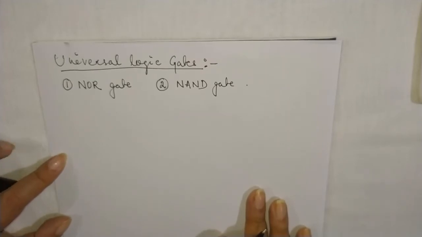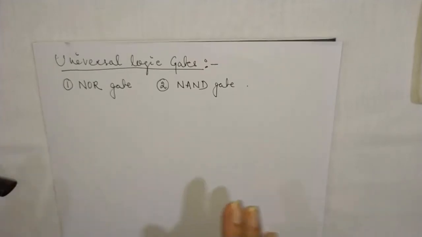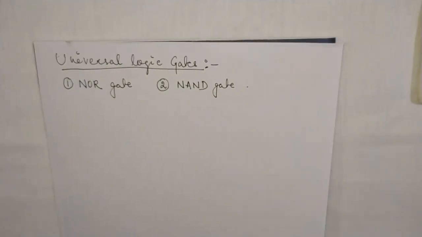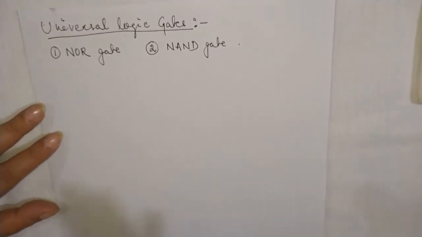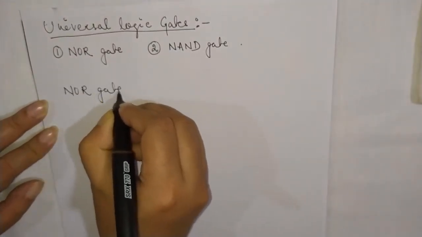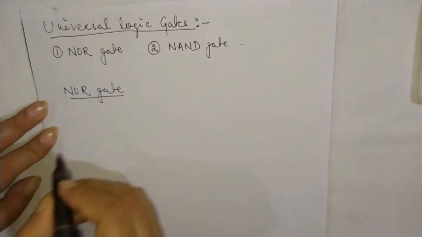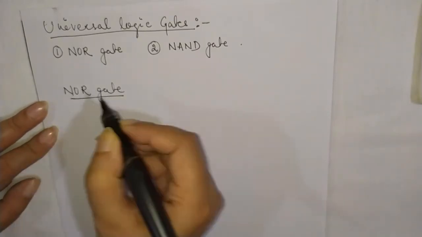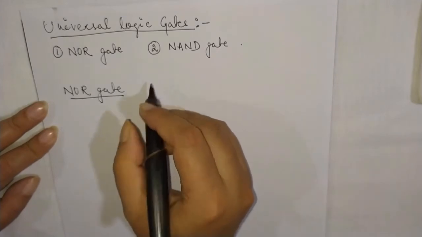So let's go to the first logic gate and study it in detail. The first one is your NOR gate. You see, this NOR gate is actually nothing but the combination of two gates.